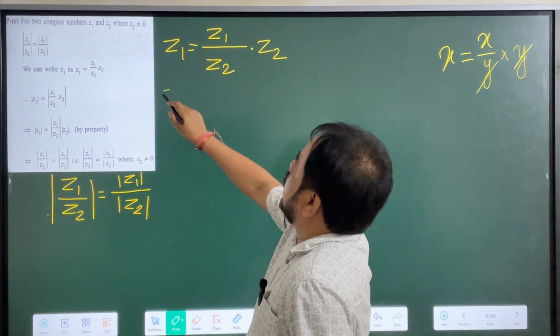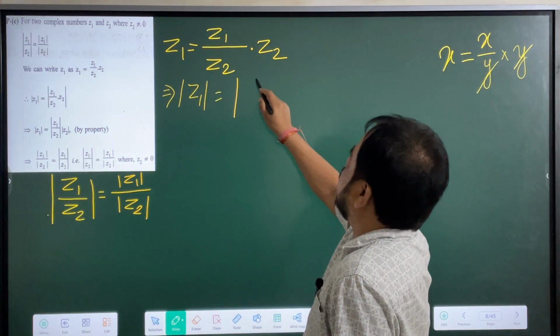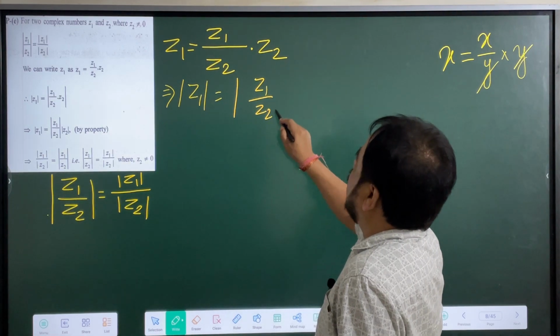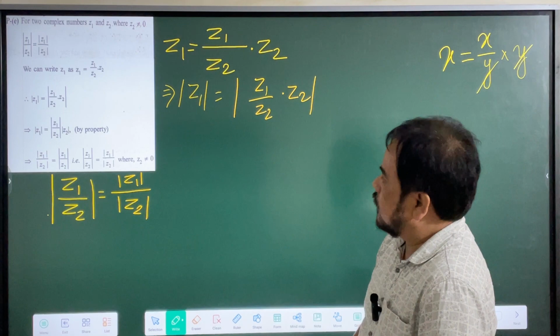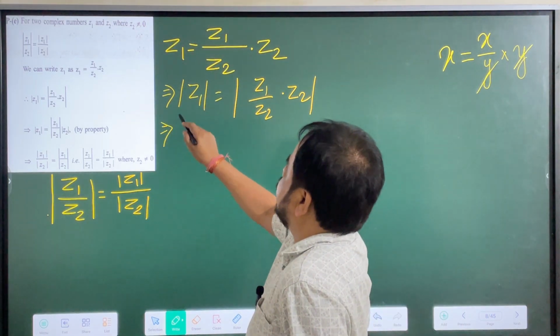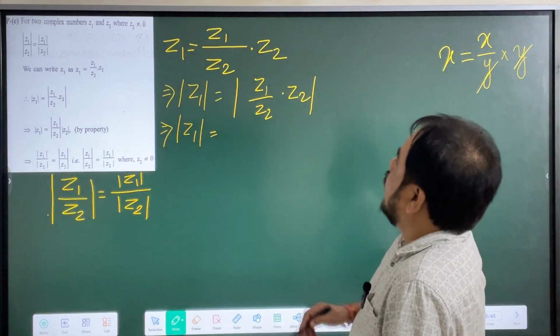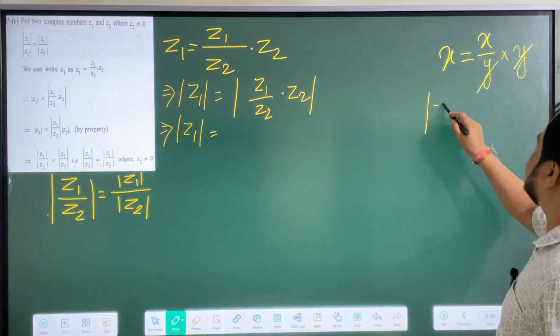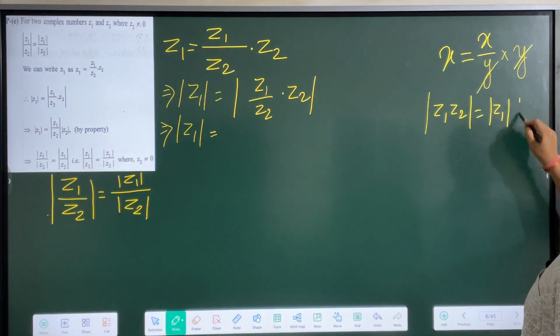Now, let us put modulus on both sides. Here modulus of Z1 into Z2 is equal to mod of Z1, mod of Z2.